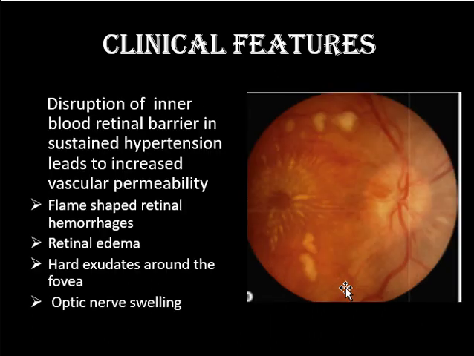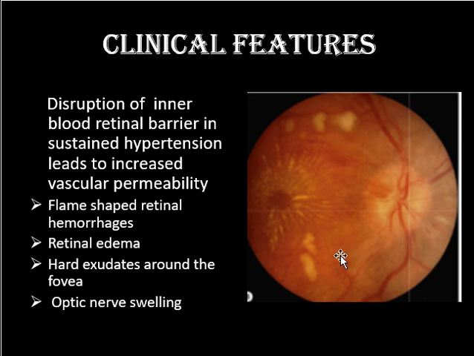So in continuation with the clinical features of hypertensive retinopathy, there is disruption of the inner blood retinal barrier in sustained hypertension, as I told you earlier, and that leads to increased vascular permeability. This is the same picture again. Here again we can see the cotton wool spots.